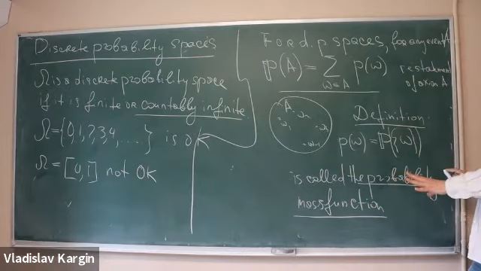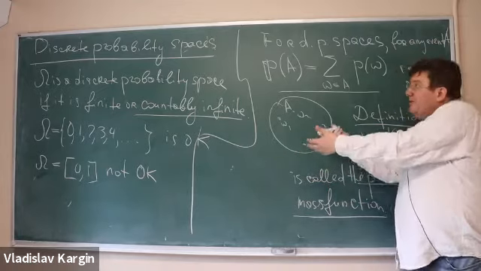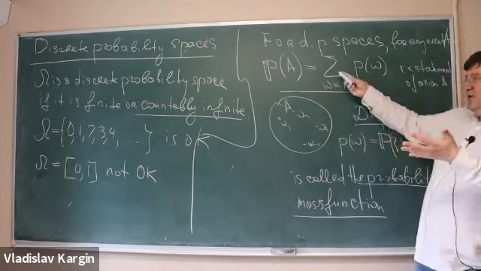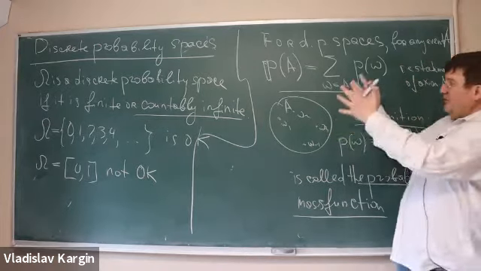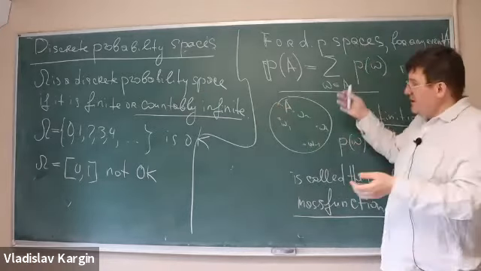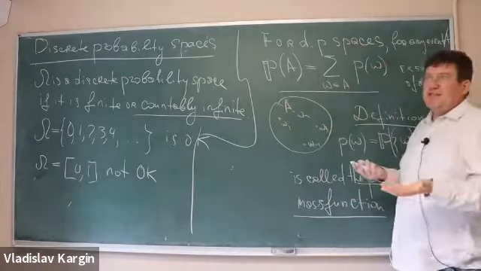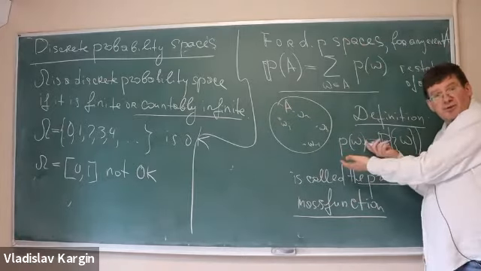But a nice thing to keep in mind is the physical analogy for discrete probability spaces: outcomes are points in some space, and every outcome has some mass associated with it.